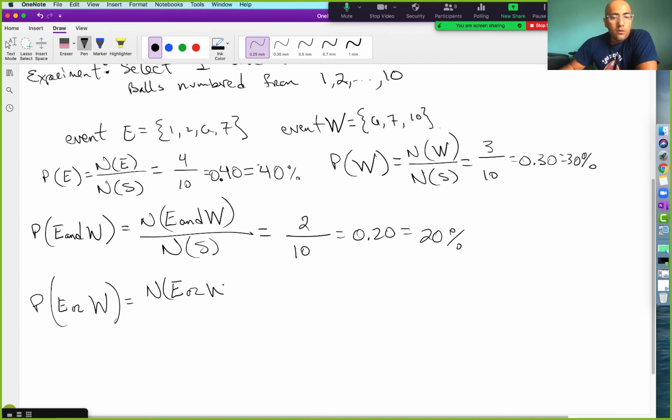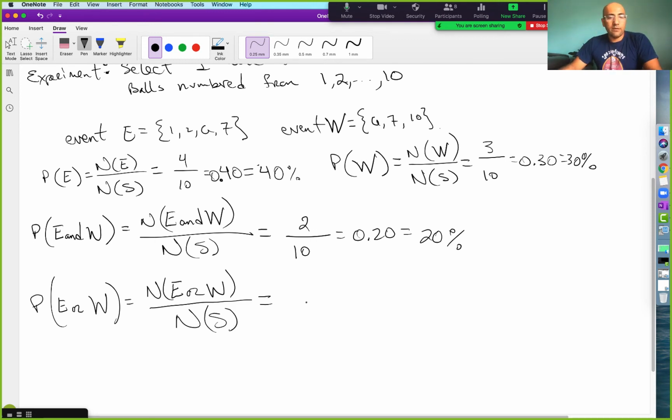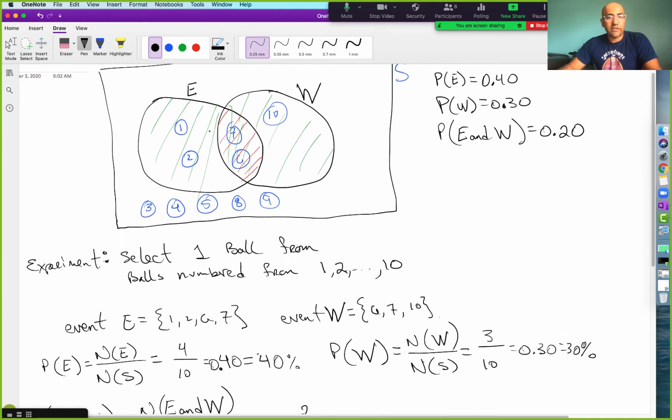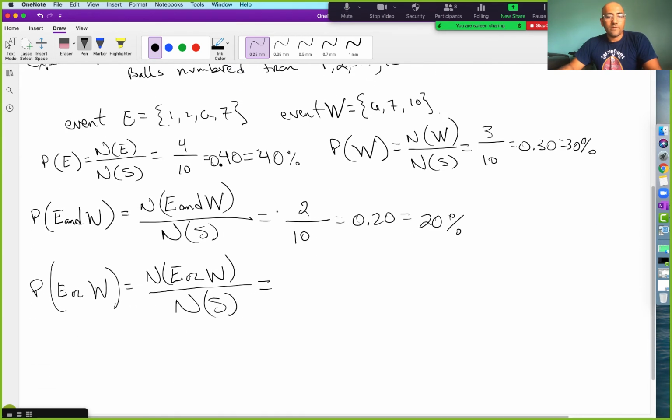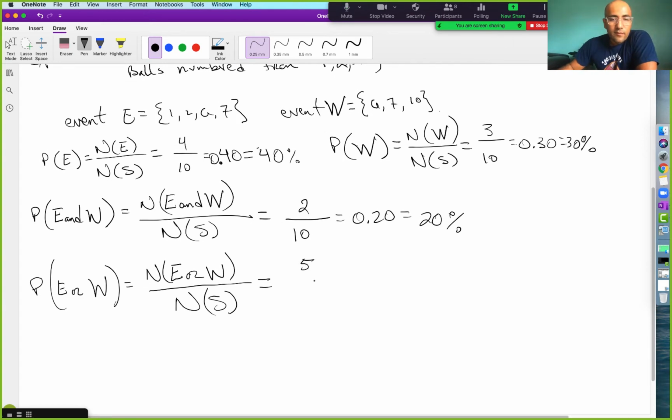E or W, the number of ways that E or W can happen, divided by the sample space. And the number of ways that E or W can happen by counting things, well, I can just count them. 1, 2, 3, 4. There's 5 different ways that E or W can happen. Okay, so that's 5 over 10.